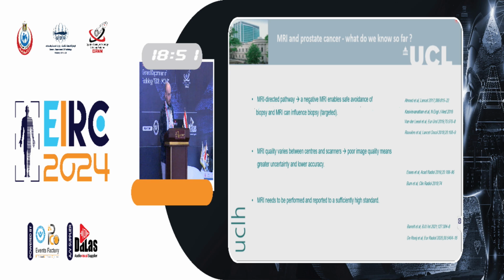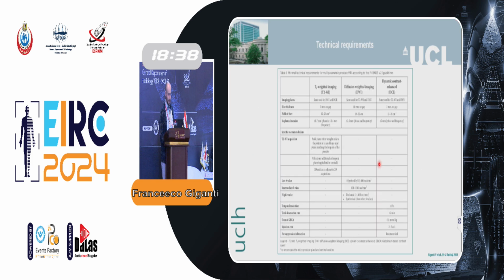As radiologists, we are very lucky because we have the PI-RADS document that tells us how to acquire a good quality prostate MRI on the three different sequences: T2, diffusion, and DCE. In this slide, you can see the technical parameters we should look for and apply when we do prostate MRI.